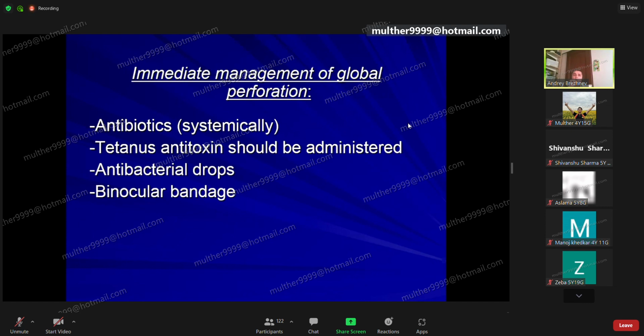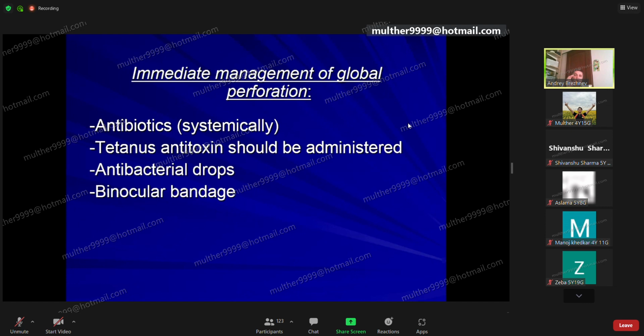And binocular bandage. Binocular bandage is used to decrease the movements of the eyeball. Even if you have a trauma of one eye, if you put a bandage only on the injured eye, you understand that with the healthy eye there will be movements all the time, and under the bandage, of course, there will be the same symmetrical movements of the injured eye.